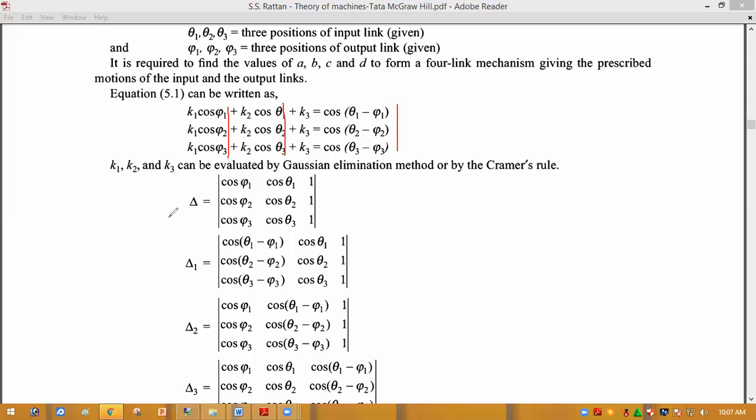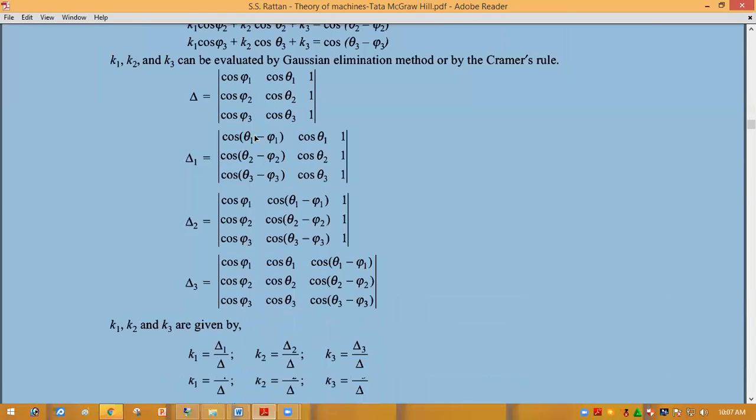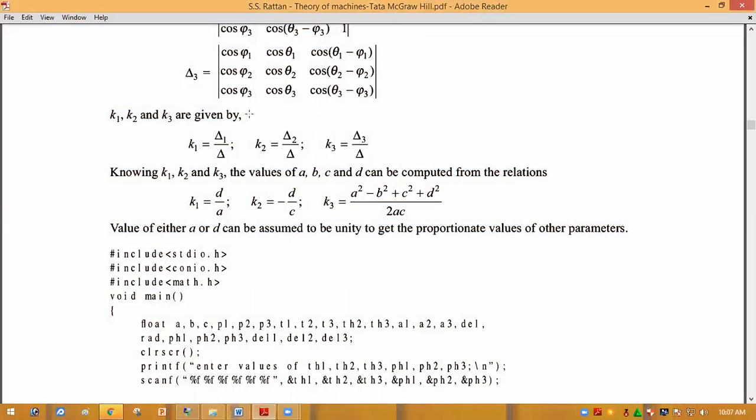By arranging these columns, we get the four matrices. By using the Gaussian elimination method or Cramer's rule, we will have the k1, k2 and k3 values.